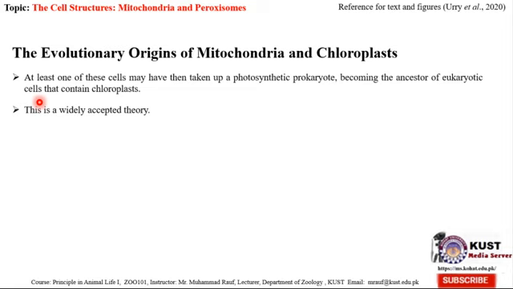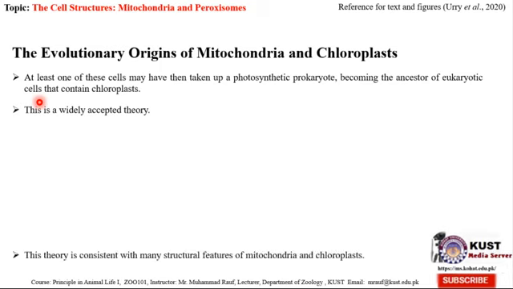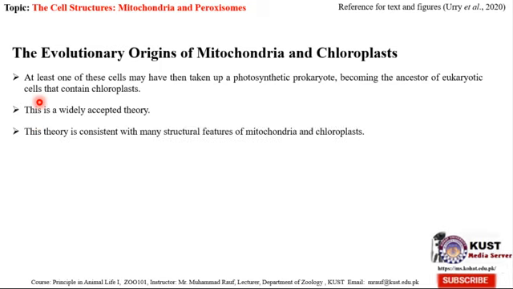It gives the best explanation about the evolution of a eukaryotic cell from prokaryote ancestors, and this theory is consistent with many structural features of mitochondria and chloroplast.